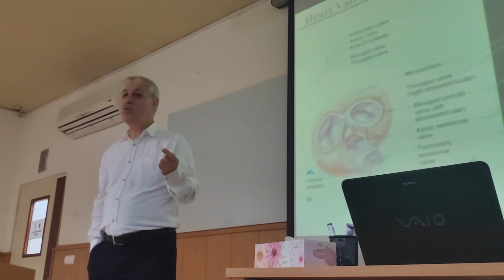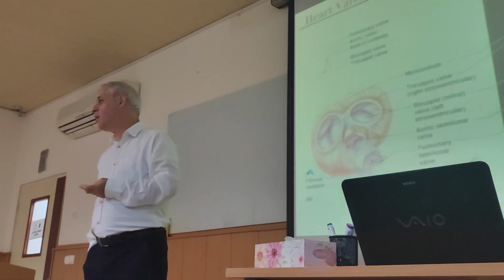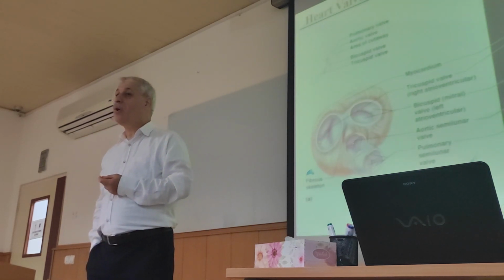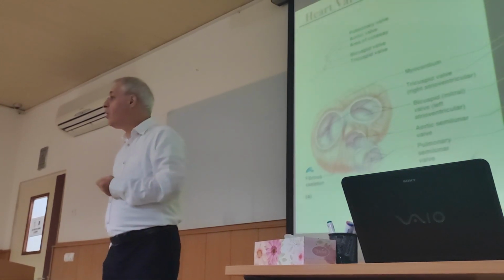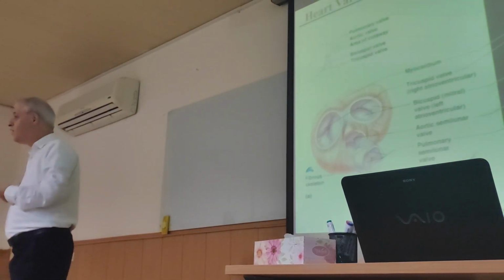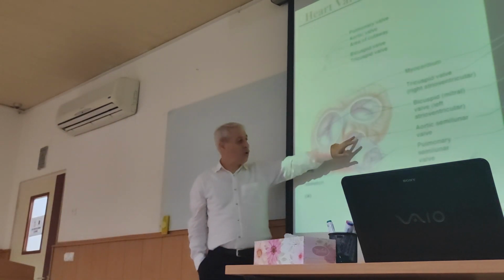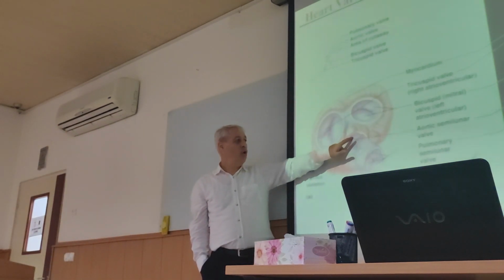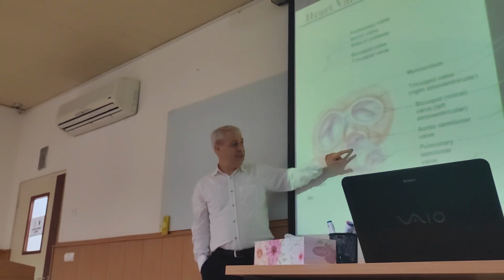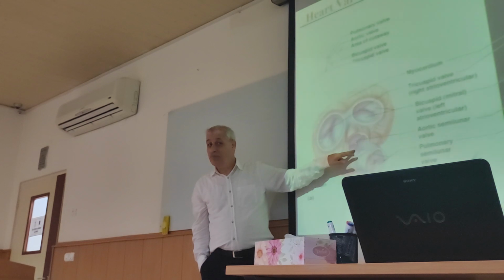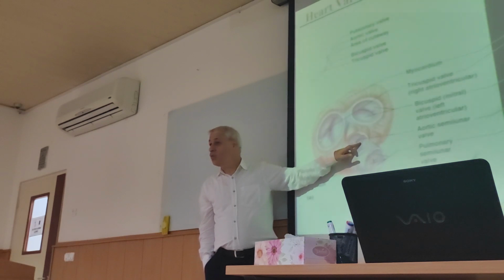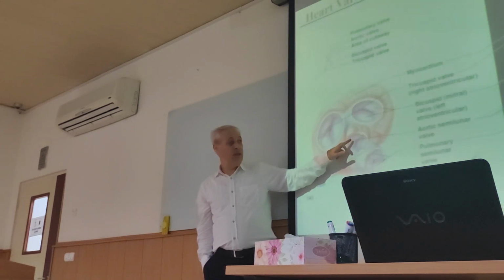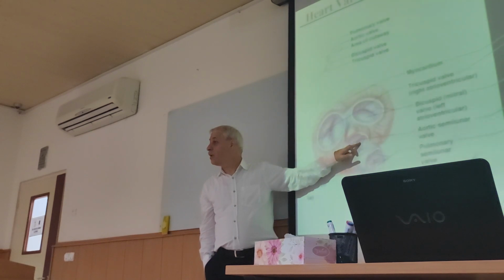From the coronary sinus, two big arteries are branching off. One is called the left main coronary artery, and the other one is called the right coronary artery. These two leaflets are called coronary cusps, and this one is called the non-coronary cusp. So, left main coronary artery, right coronary artery. Did you get it? Left main and right coronary artery.